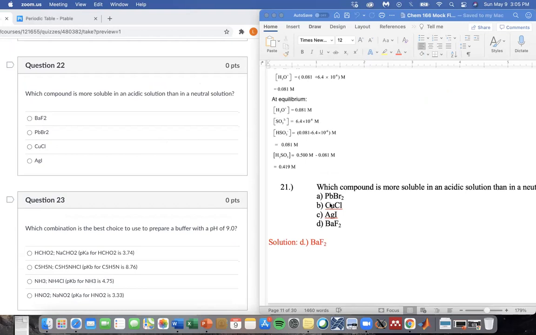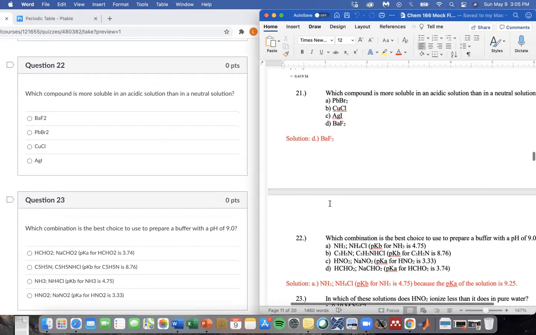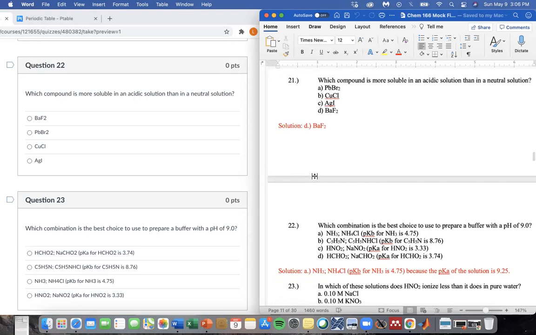Okay, so now we have another one, more about salts and acidity and basicity. We're kind of moving into solubility here, but this one is the segue between solubility and acidity. Which compound is more soluble in an acidic solution than in a neutral solution? You need to consider which ion is going to be basic, because in a water solution you already have OH-.